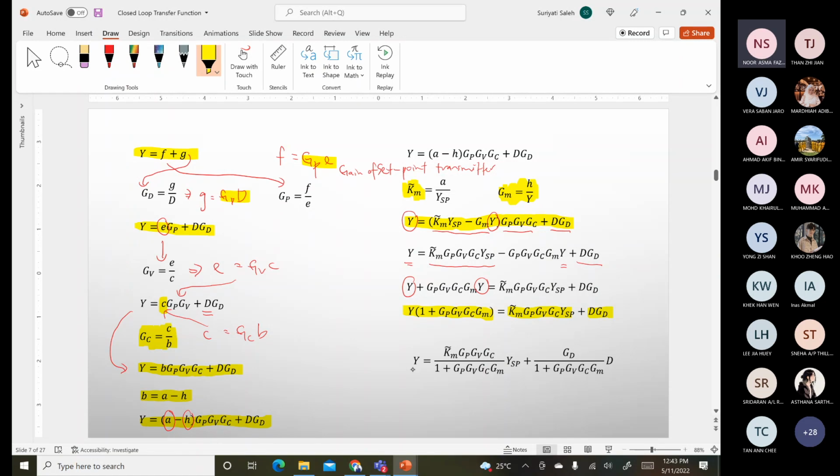So lastly, we can obtain the relationship where now you have the Y, Ysp and the D, where Y is your output. So this is your output. Ysp is your input number 1, and the D is your input 2.